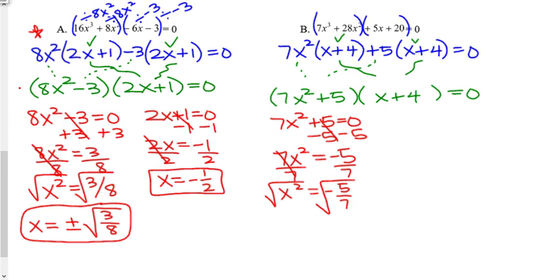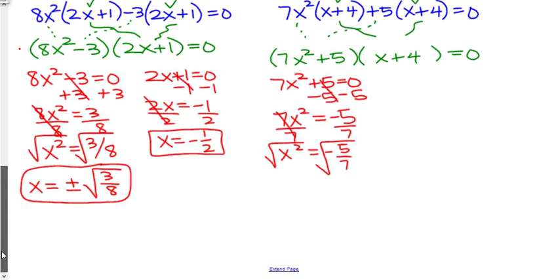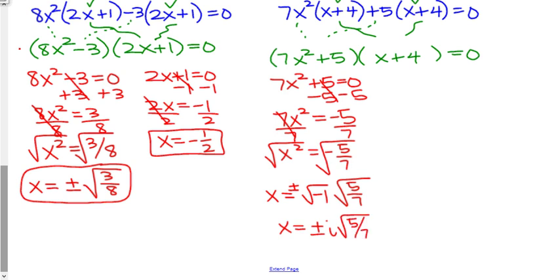Well, if you recall from our quadratics unit, the square root of negative 1 is i. So on the left I get x, but on the right side I'm actually going to break this up first. I get the square root of negative 1 times the square root of 5 over 7. And I also have that plus or minus out front. The square root of negative 1 is just going to turn into i. So my actual answer here is plus or minus i root 5 over 7.